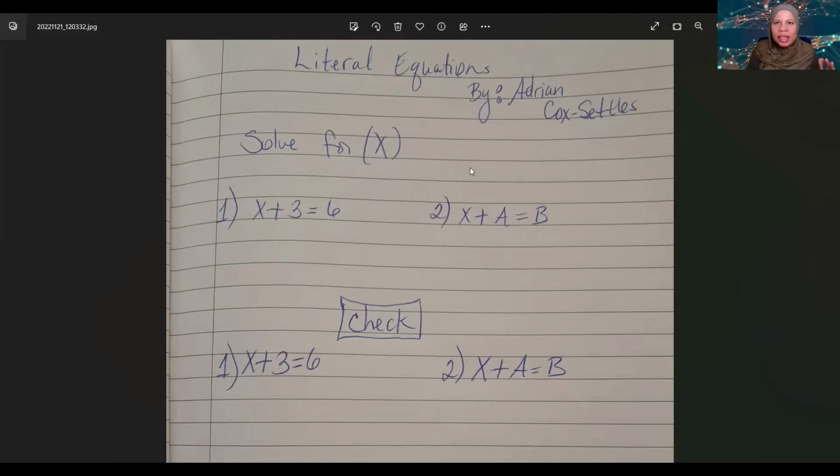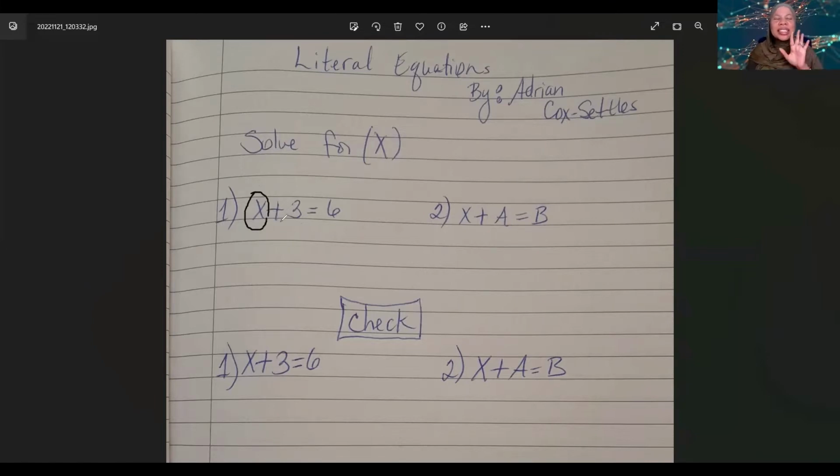Let me go ahead and get a writing utensil. Okay, so we have x plus 3 equals 6. Now, when you have an algebra equation, you always do the inverse operation, the opposite operation. We're trying to get x by itself, so what I want you to do is isolate the x. I'm going to draw a little circle around the x.